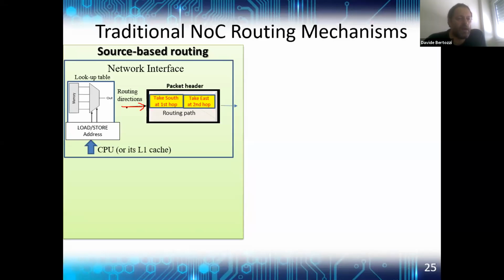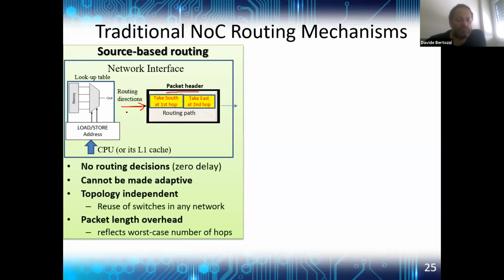For instance, the routing directions sound like: at the first switch turn south, at the second switch turn east, and so on, till you get to the destination. All these routing directions are embedded into the packet header. So these are the main features of this routing mechanism.